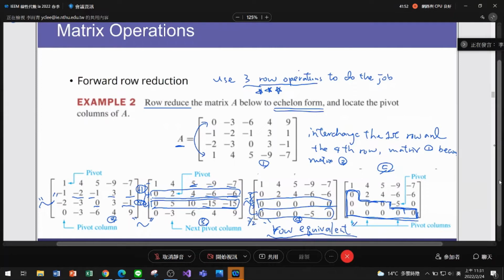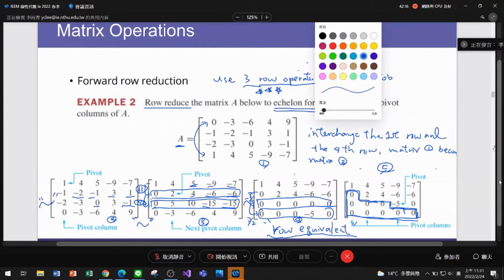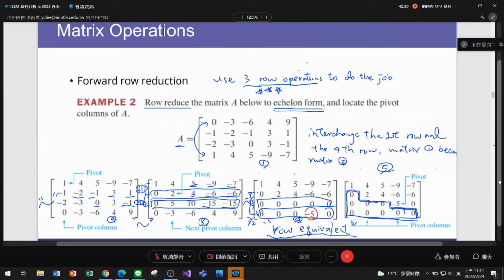And so it seems that the second row and the third row have a proportional relationship. So now the third row is becoming all zeros right here. So we are unhappy that there is still a value below that. Here, there is a -5 that's below the 0 value.